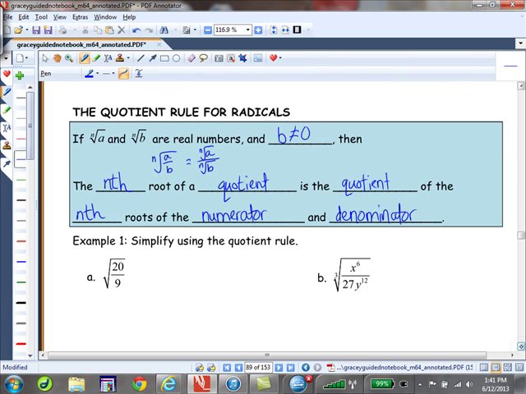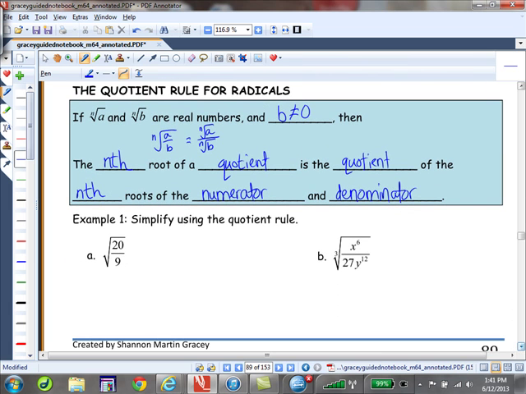So, coming down to the example, when I look at this problem, the square root of 20/9, what I see is that there's a perfect square within 20 and 9 is a perfect square. So if I split these radicals, I would get the square root of 20 over the square root of 9.